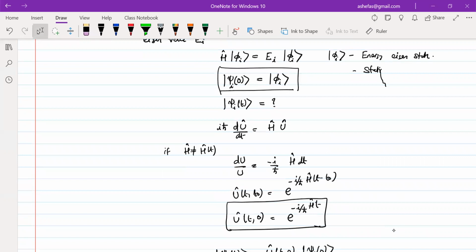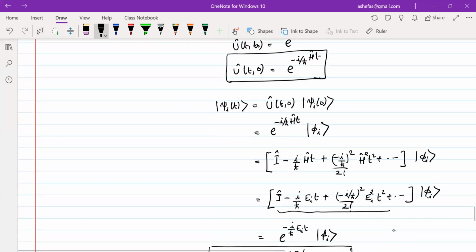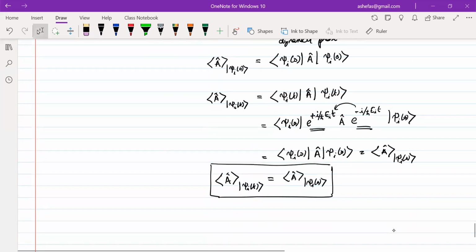Why is it called stationary? Because we have shown that there is no time evolution for the expectation value of the operator if the system is in the energy eigenstate. So if the initial state is the energy eigenstate, then the expectation value of the operator remains constant.